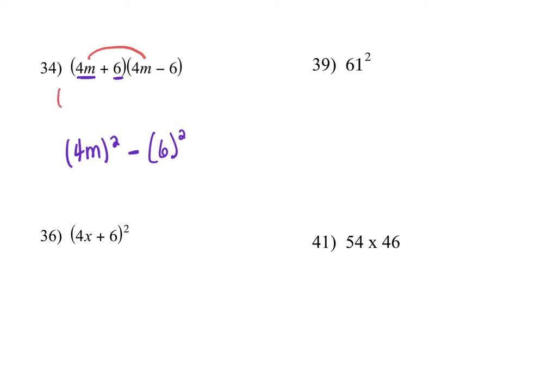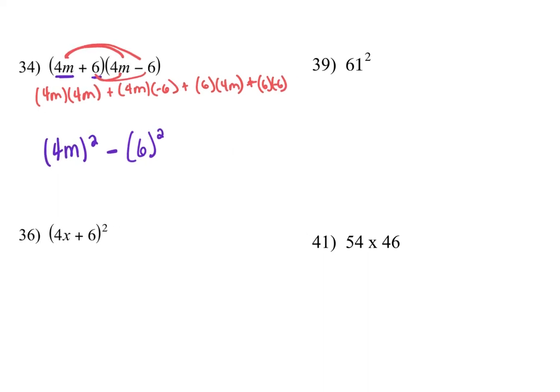I mean, you basically have 4m times 4m, 4m times -6, +6 times 4m, and then +6 times -6. All right.